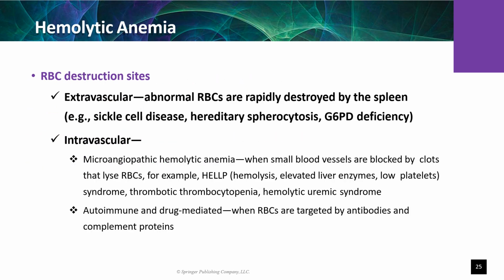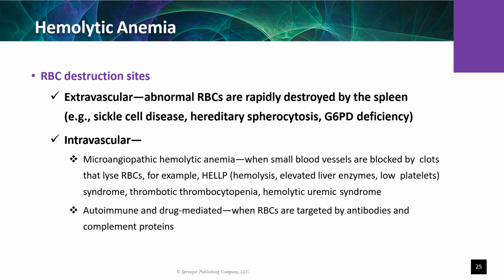Hemolytic anemia results when RBCs are destroyed before their normal lifespan of 100 to 120 days. If erythropoiesis cannot keep up with the destruction of RBCs, anemia will result.